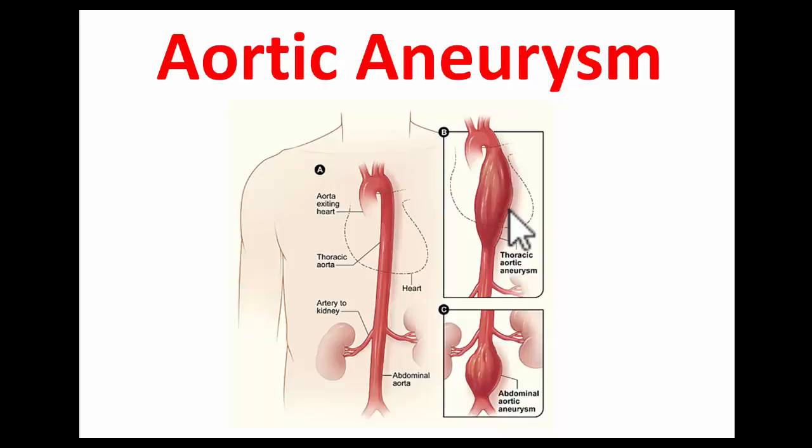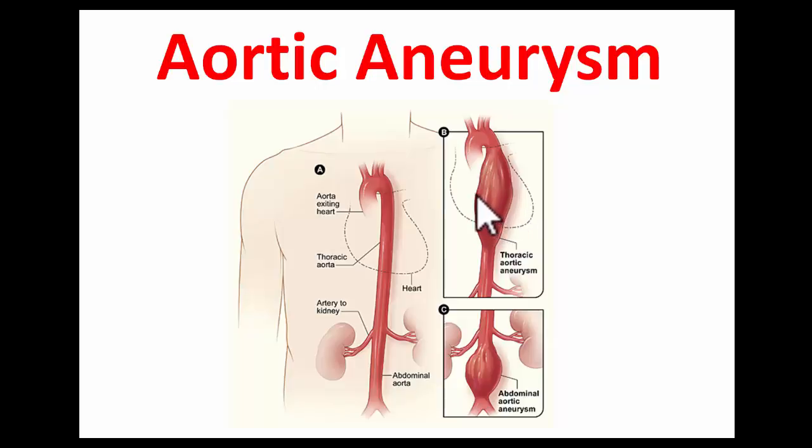Let's talk about some demographics. Most of the aortic aneurysms are detected in the later years of life, such as the 50s, 60s, 70s. In the younger population, occasionally we can see aortic aneurysms in people who have what is known as Marfan's syndrome, or people with connective tissue diseases.